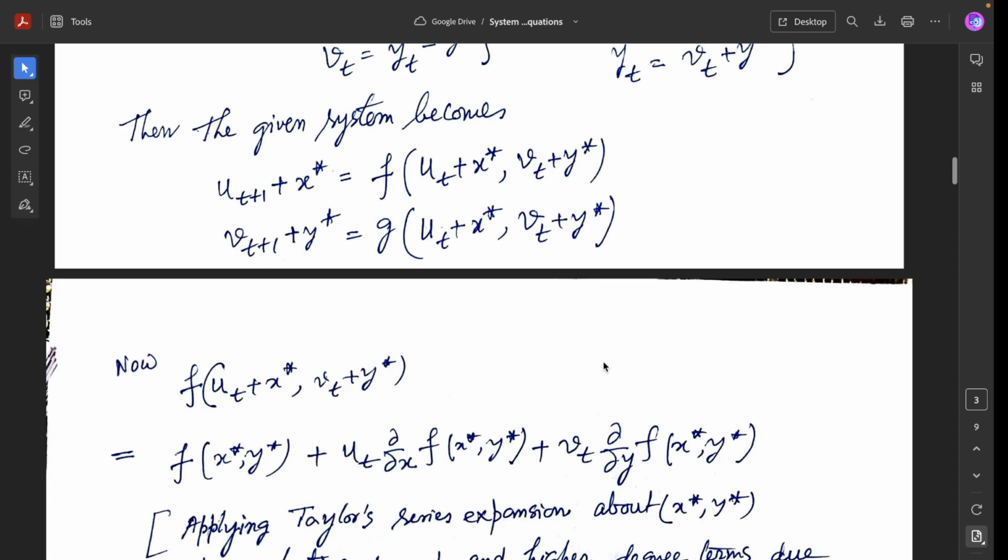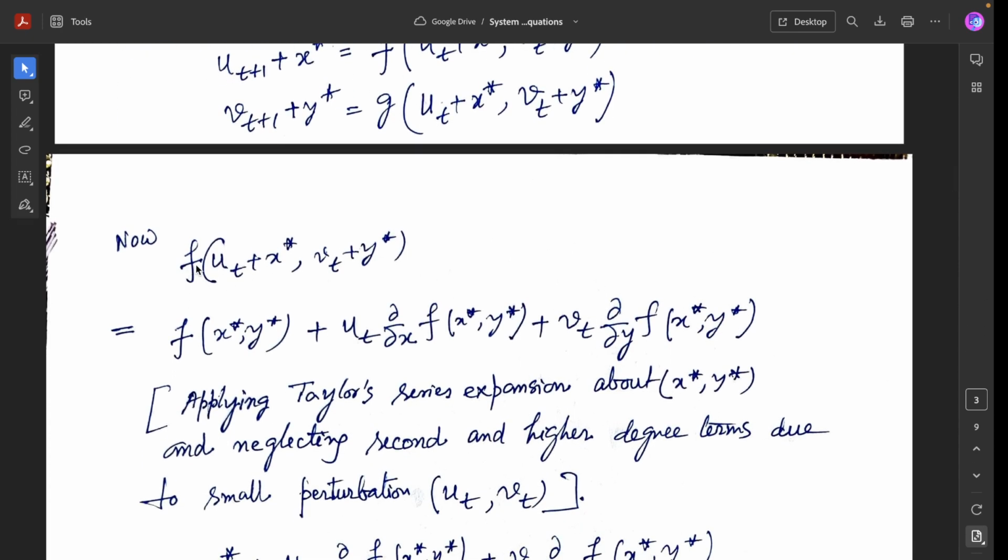Now f(u_t + x*, v_t + y*), applying Taylor series expansion about the point (x*, y*) and neglecting the second and higher order terms due to small perturbation u_t, v_t, we get this approximately equal to f(x*, y*) + u_t del_x f(x*, y*) + v_t del_y f(x*, y*) + dot dot dot.